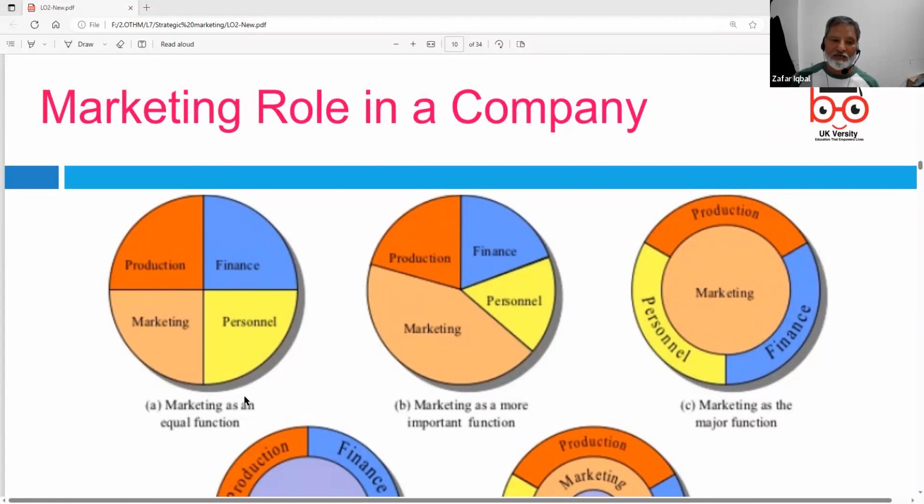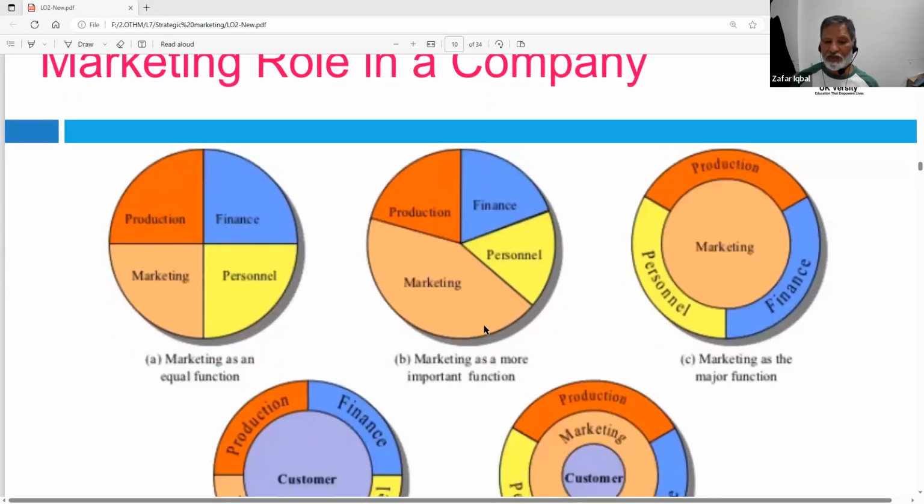In a company, it can be viewed as an equal function, equal to production or personnel or finance, or it can be seen as a more important function, whereby it has a more important role in generating the marketability of the organization.